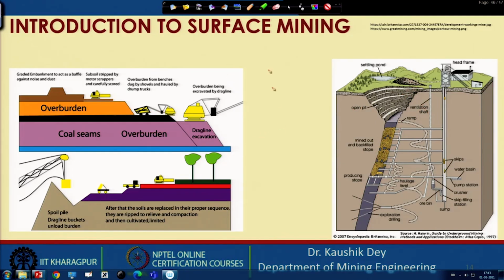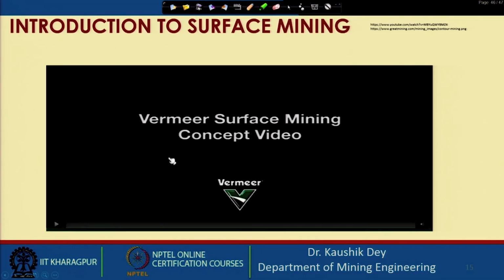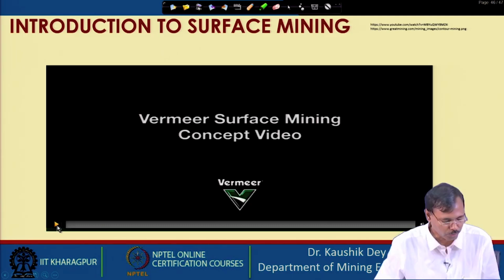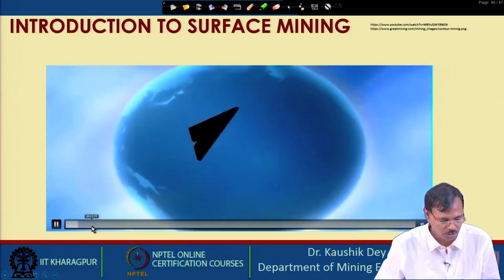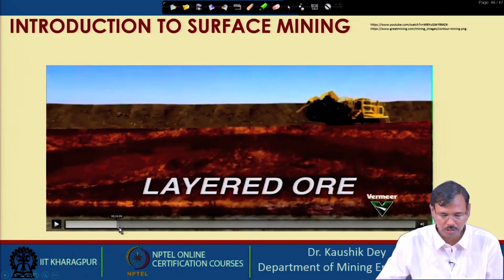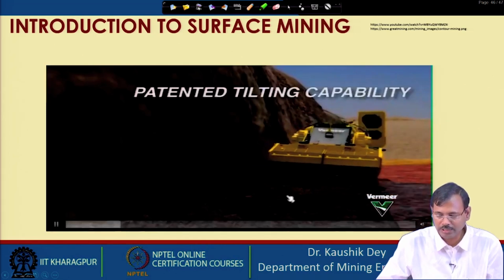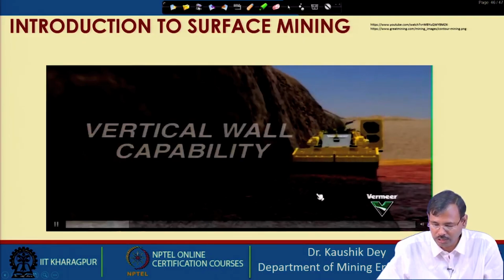So, let us take a look at surface mining and underground mining. This is a small animated video. You can see the excavation being carried out in a surface mine. This is animated, not the real one.